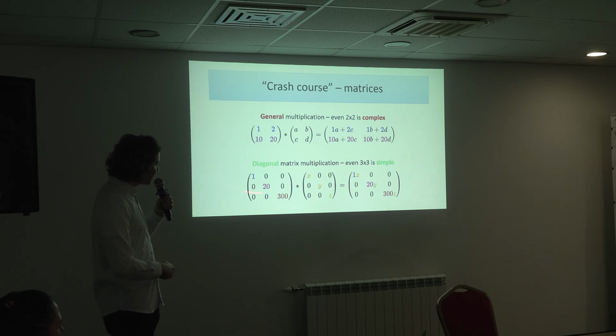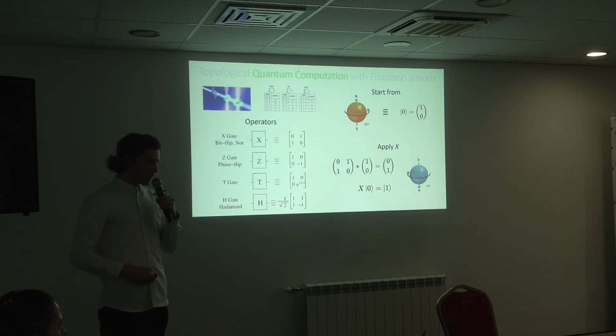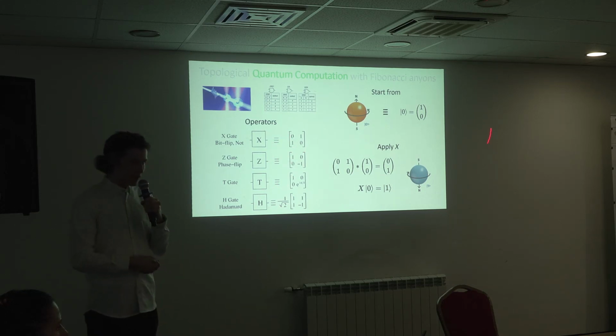The takeaway point here is we want diagonal matrices. That's what helps us. So, when we combine it all, these are the matrices for the qubit. So this is what acts on our vector, on our state. This is the quantum equivalent of our classical gates and of the light.